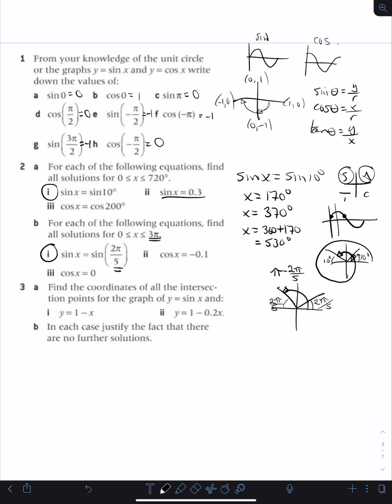So 3 pi over 5 is also good. And then I would add 2 pi to those, which is 10 pi over 5. So 12 pi over 5 and 13 pi over 5. I think that's right. So it wasn't so bad.